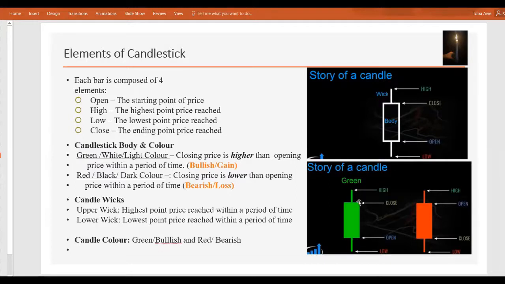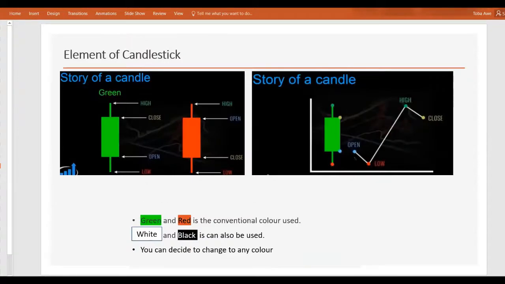Now when the opening price is higher than the closing price, you have a bearish candle, a red candle. When the closing price is higher than the opening price, you have a bullish candle. Now this shows us how the candle is drawn. This is the open, price fell down to here, came up again and closes here. So the closing price is higher than the opening price, and that gives us a green candle.